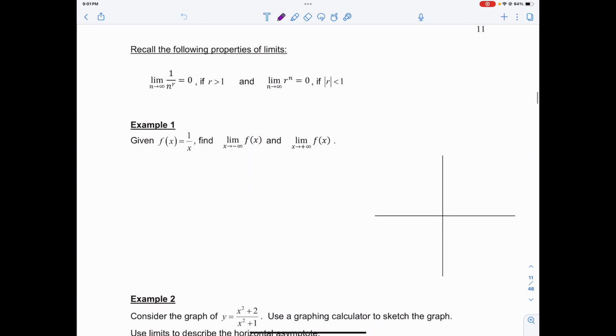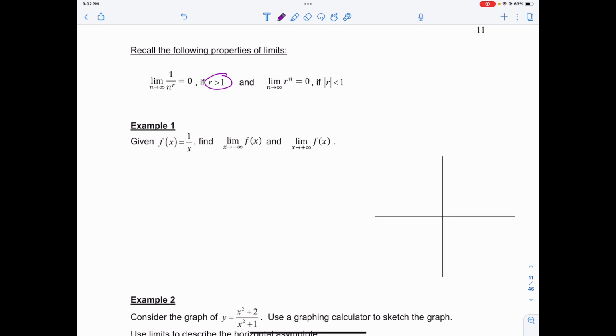All right, we need to recall the following properties of limits. The limit as n approaches positive infinity for 1 over n to the power of r is going to equal 0 so long as r is greater than 0.